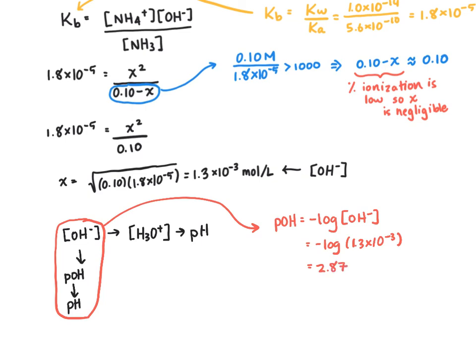So I get 2 sig digs, because I had 2 sig digs in my answer originally. And then pH, we're going to assume this is at 25 degrees. So 14 minus our pOH. And we get 11.13.